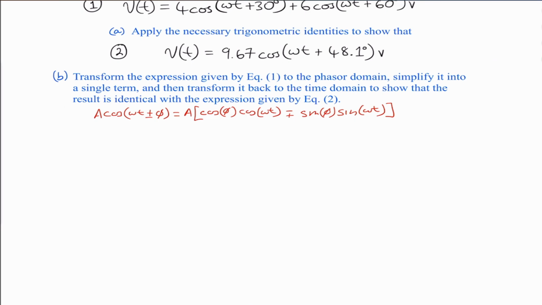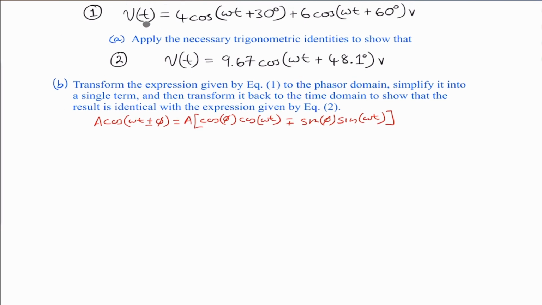So we can start expressing our expression by using the necessary trigonometric identity. Basically, we're trying to combine both of these into one single term.